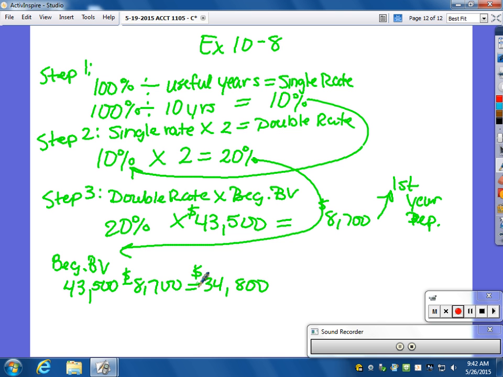And then we're gonna take that 34,800 and do what with it? Multiply by the double rate to get the second year depreciation. This is 6,960. Good.